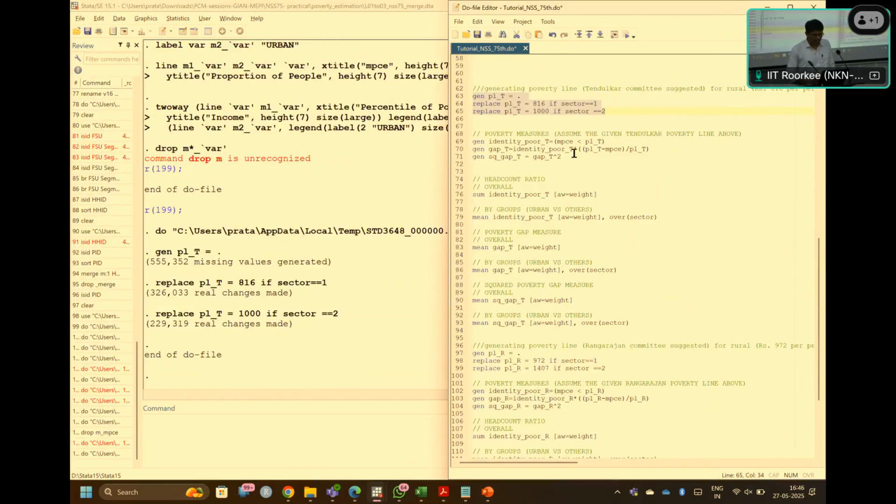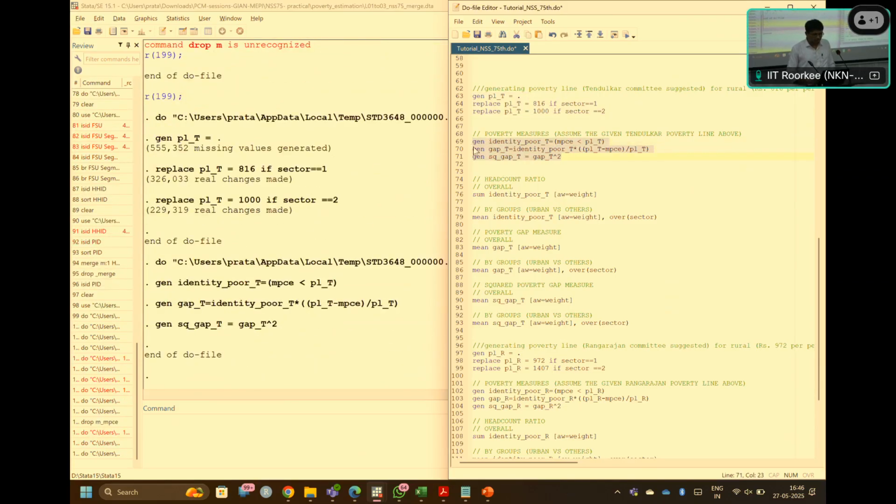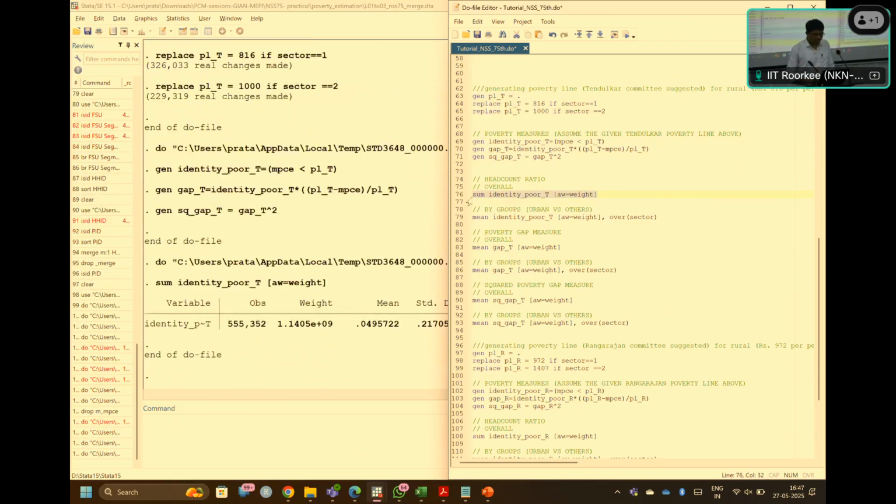Steps are already given, and I'll just check. Then we'll mention. Okay, so in place of headcount ratio, we can also change this by mean, and I'll just check with the overall first, then we'll check with the mean value.